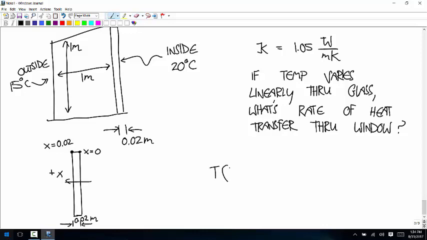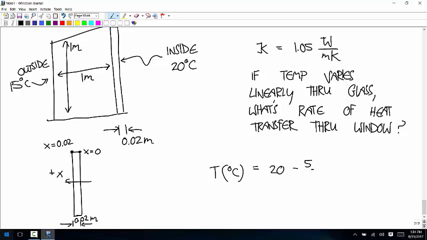And then the temperature in degrees Celsius at any x value. What we're doing here is coming up with a linear function that describes the temperature at any point in the thickness of this window. When x is equal to 0, we have a value of 20. Then the slope of that gradient is dropping 5 degrees over a length of 0.02.